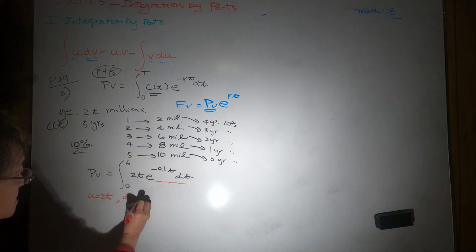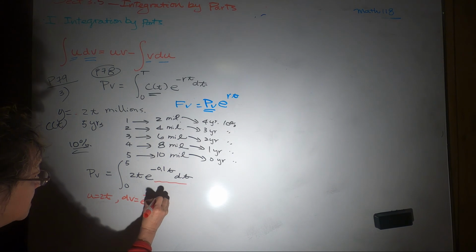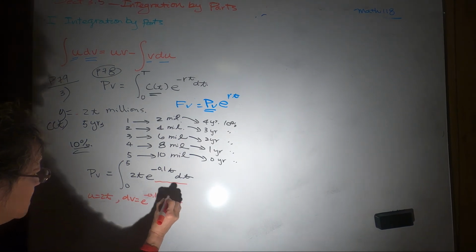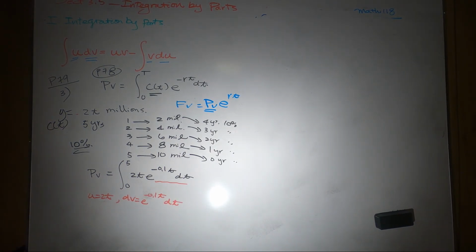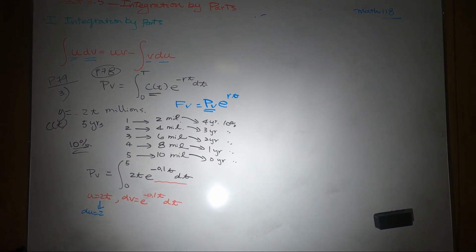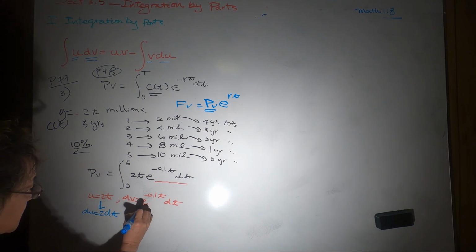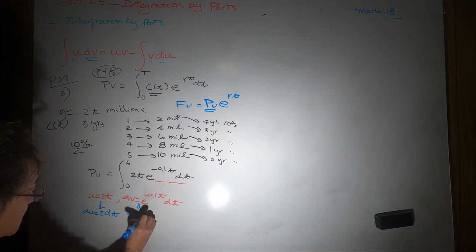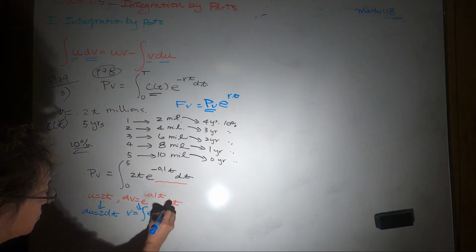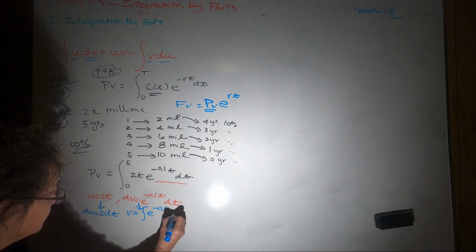So dv is e to the negative 0.1t dt, right? Then from there, we want to find dv and du. So du will be what? 2, take a derivative, right? 2 dt. Then for this one, we want to find v, so we need to take an integral.